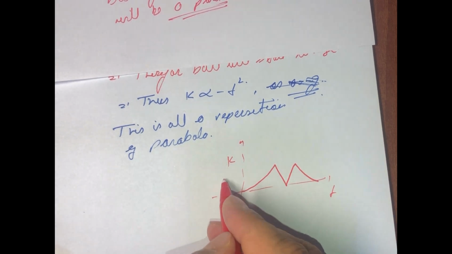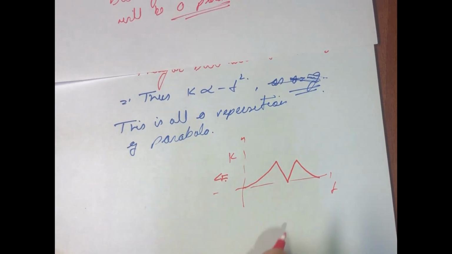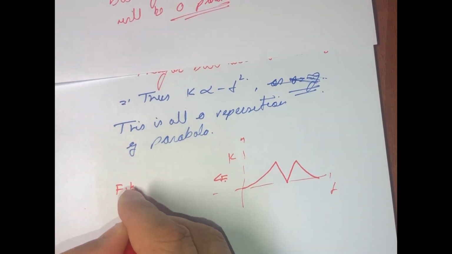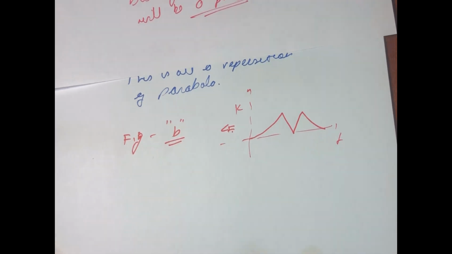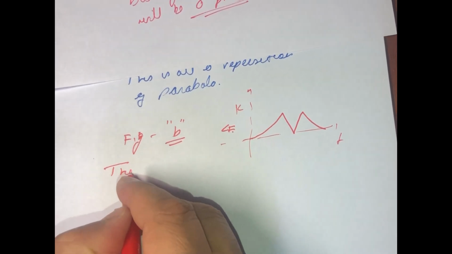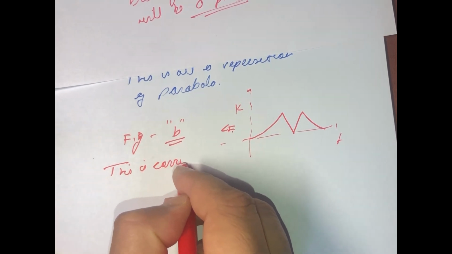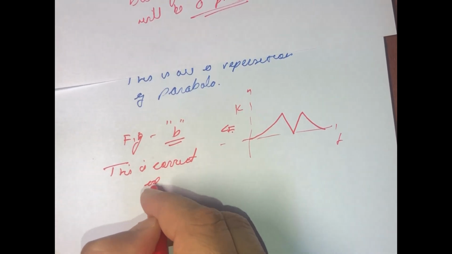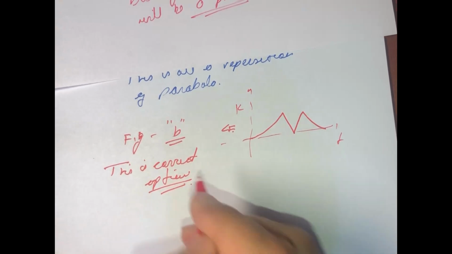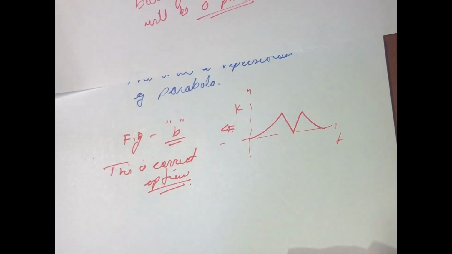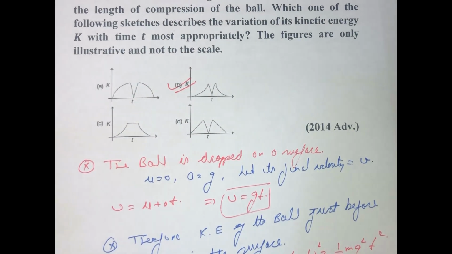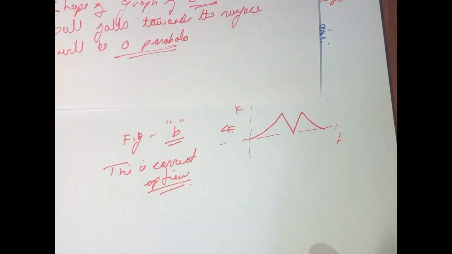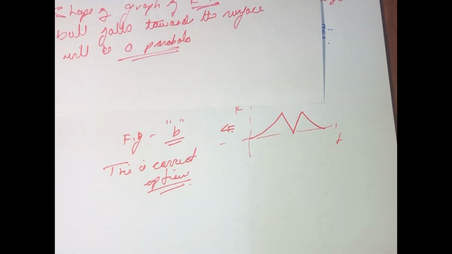And this is the representation of figure B. This is the correct option. So we are going to get option B as the correct one. Therefore, this completes the question. Thank you.